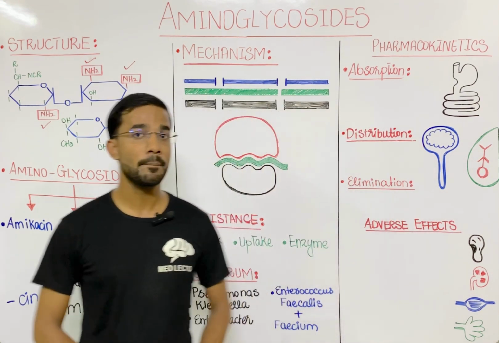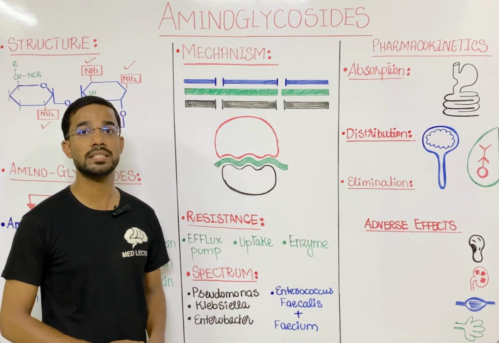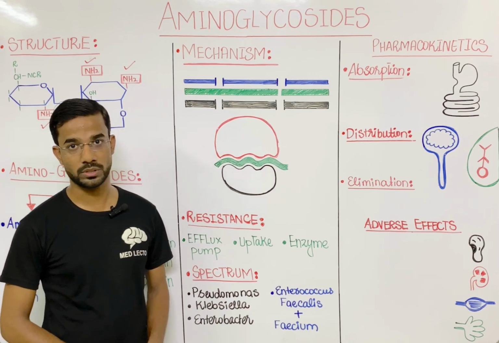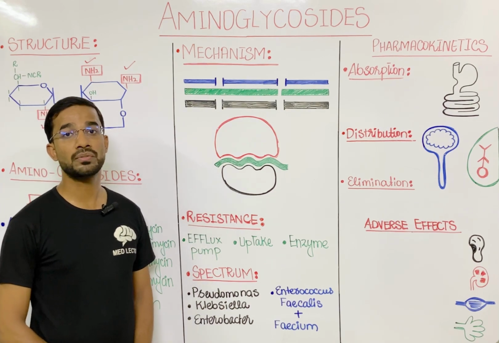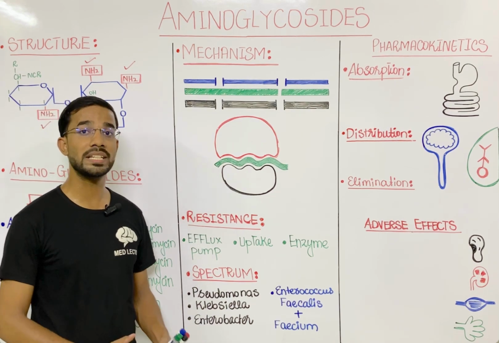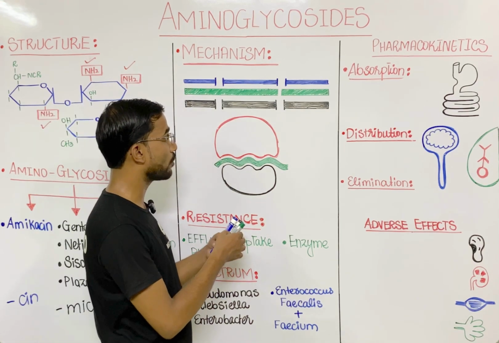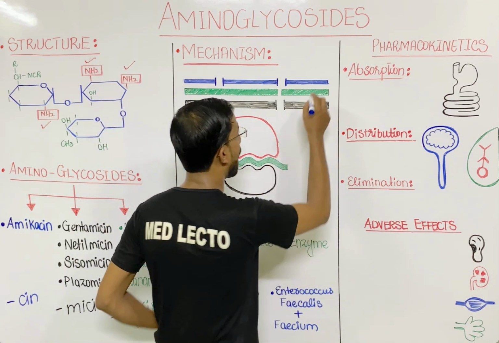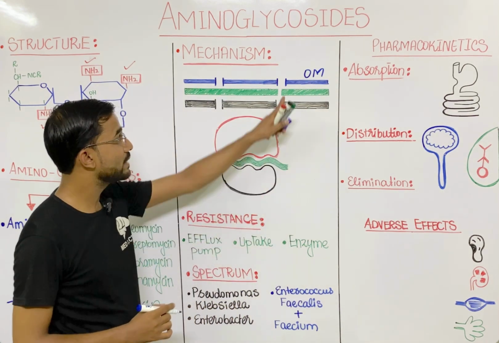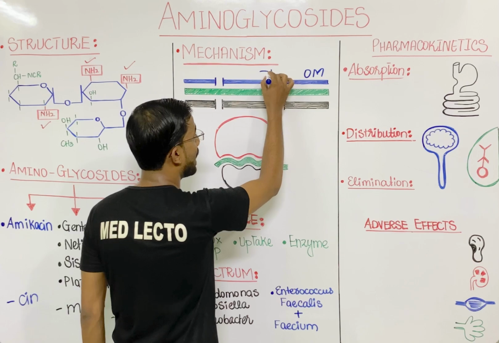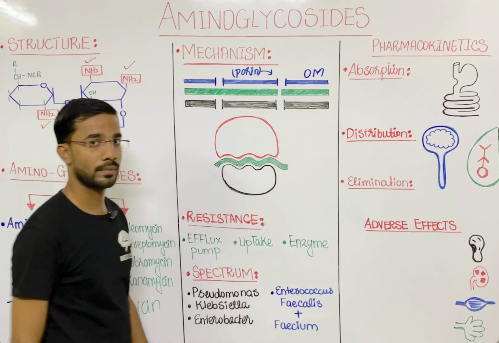If we look at the mechanism of action, how aminoglycosides play their role in the translation process, we will see how. Most importantly, aminoglycosides are used for gram-negative bacteria, so we will discuss it according to gram-negative bacteria. First of all, in the membranes of gram-negative bacteria, in the outermost layer you will see the outer membrane, which has channels called porin channels.